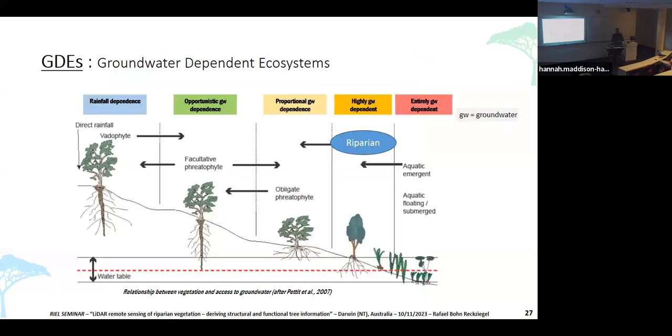A few weeks ago, my supervisor gave a talk here about groundwater dependent ecosystems. That's maybe a better terminology for riparian vegetation in the case of our project, because we are dealing with any tree and vegetation in general that's dependent on groundwater, and riparian is just a corner of it.